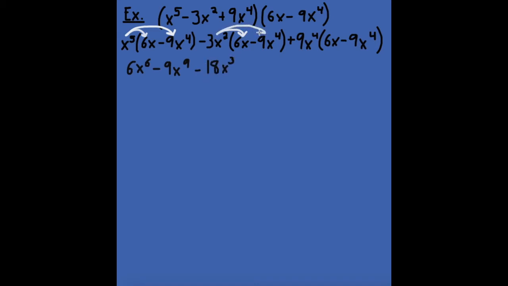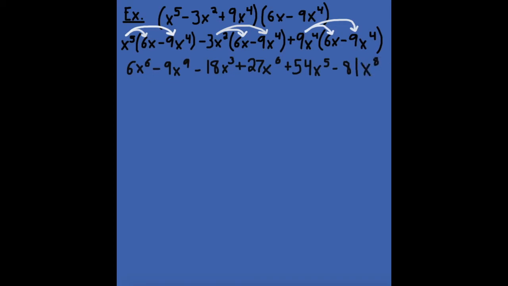Negative 3x squared times negative 9x to the fourth equals positive 27x to the sixth. Then we look at 9x to the fourth and distribute. 9x to the fourth times 6x is 54x to the fifth. 9x to the fourth times negative 9x to the fourth is negative 81x to the eighth.